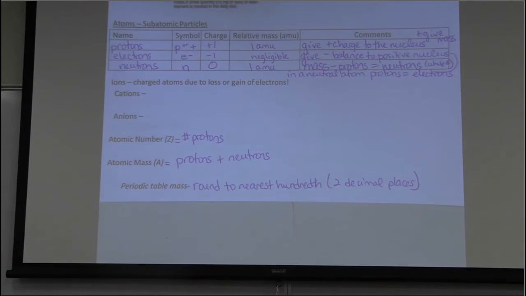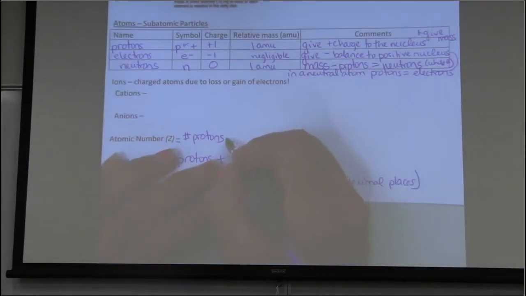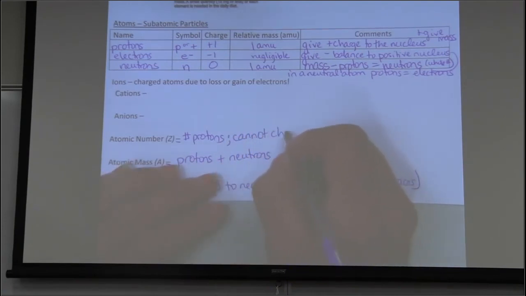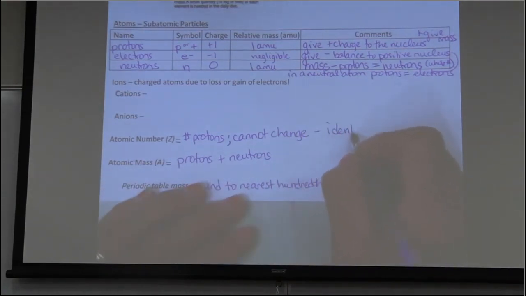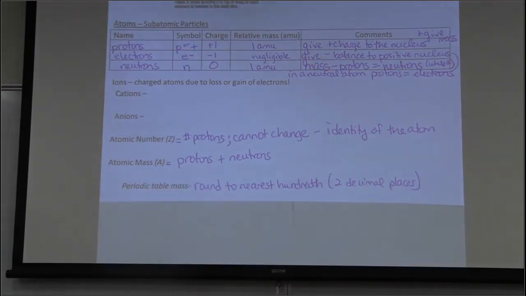Atomic number is the identity of the atom, so it cannot change.